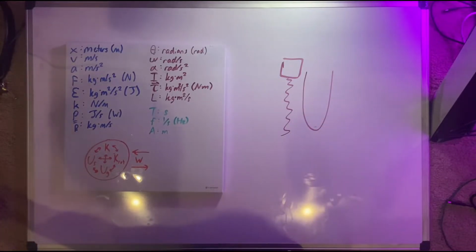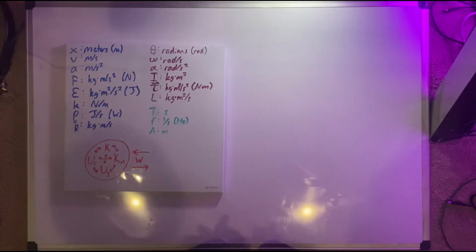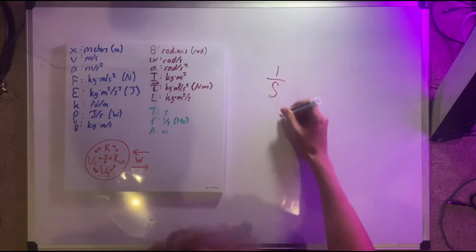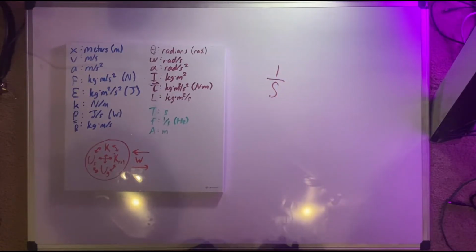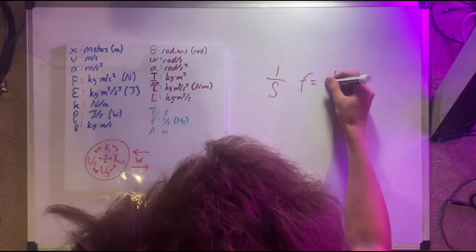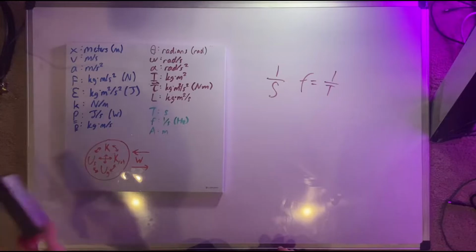And then we also know that frequency is measured in hertz. Hertz are measured in the units 1 over seconds, so 1 over time, which makes sense because frequency is also equal to 1 over the period. We know frequency more as hertz.